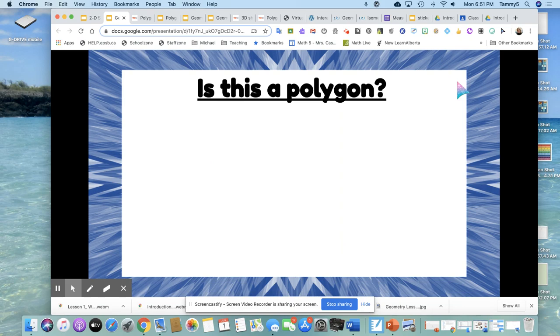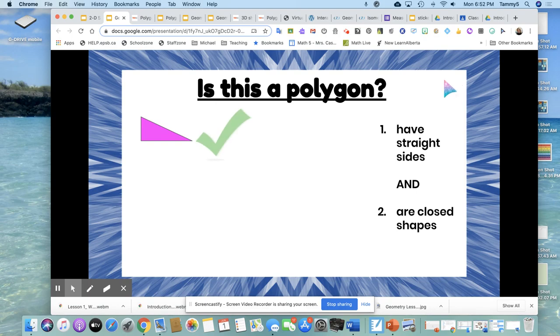Let's do some examples together. I want you to try to answer the question, is this a polygon, in your head? First of all, we need to remember that polygons have straight sides and are closed 2D shapes. So we look at this triangle and we say, yeah, this is a polygon because it fits those two categories.